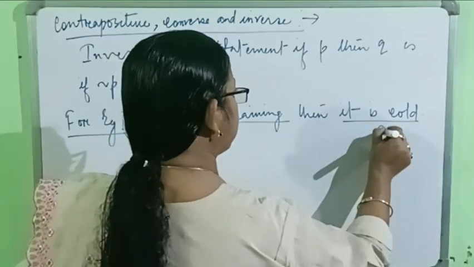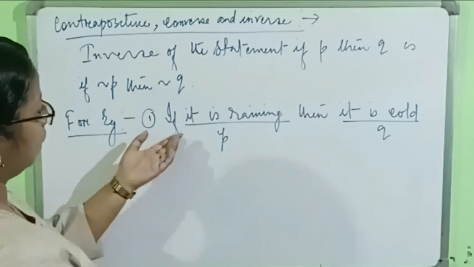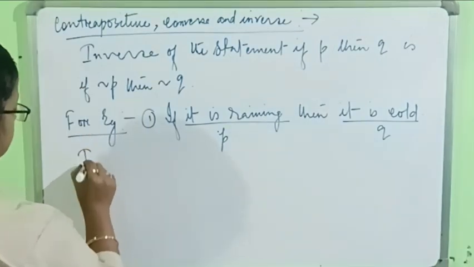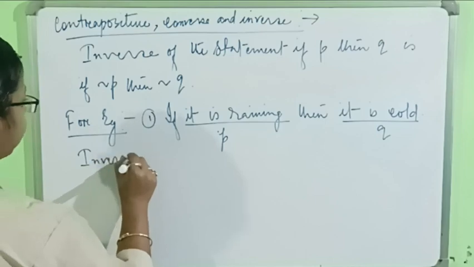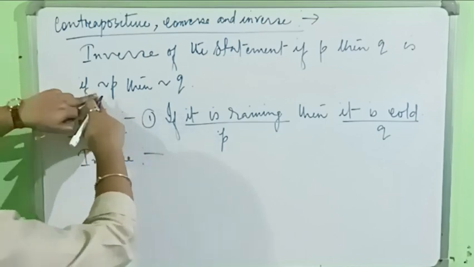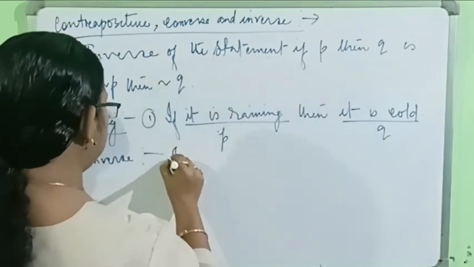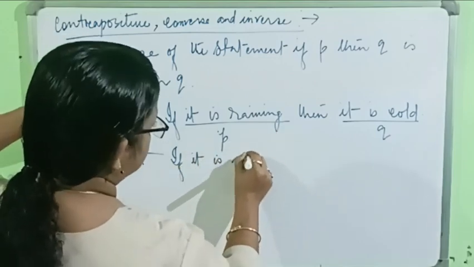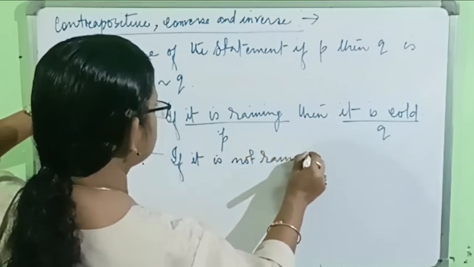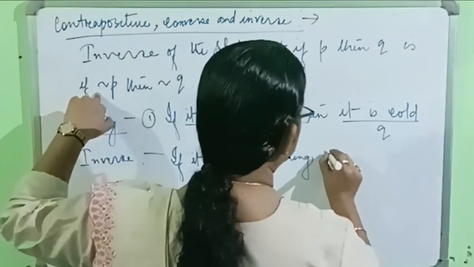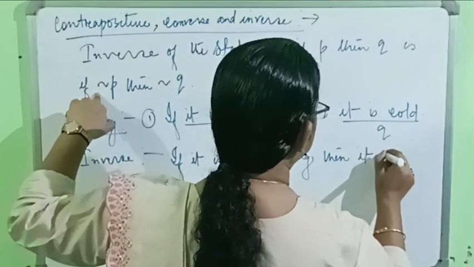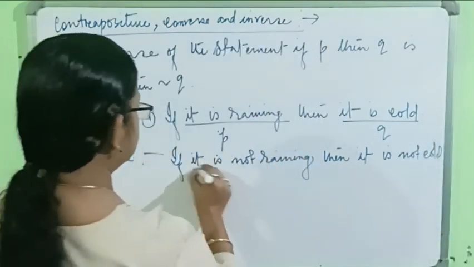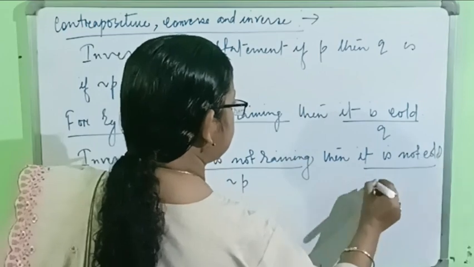This is the conditional statement. So the inverse, as per the rule, is: if it is not raining, that is negation of P, then it is not cold, that is negation Q.